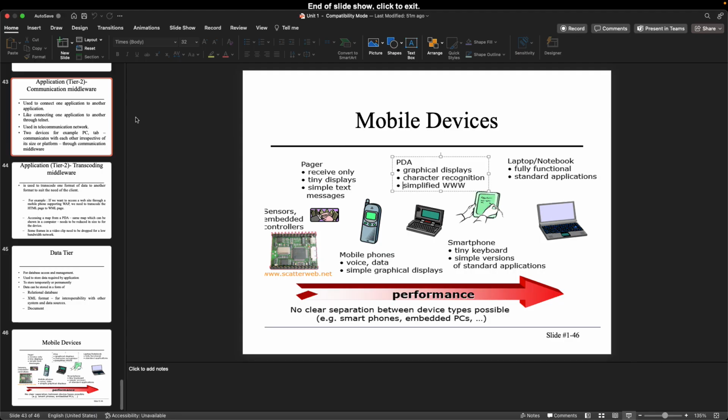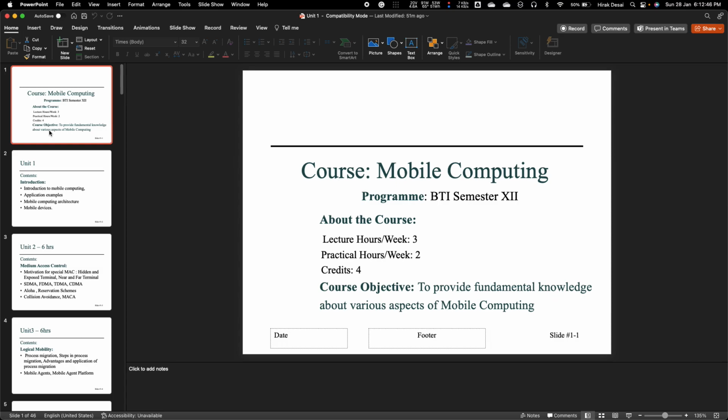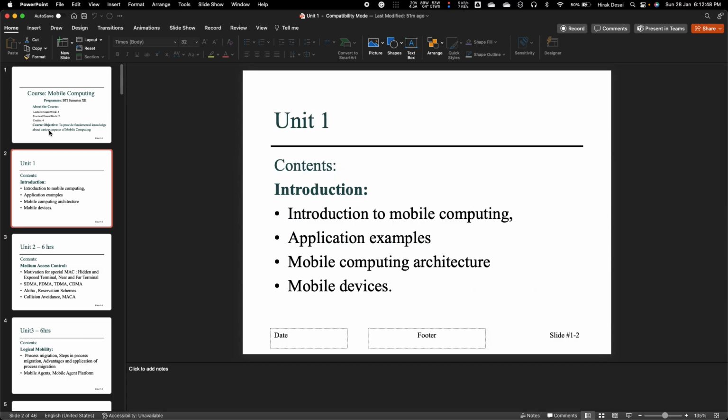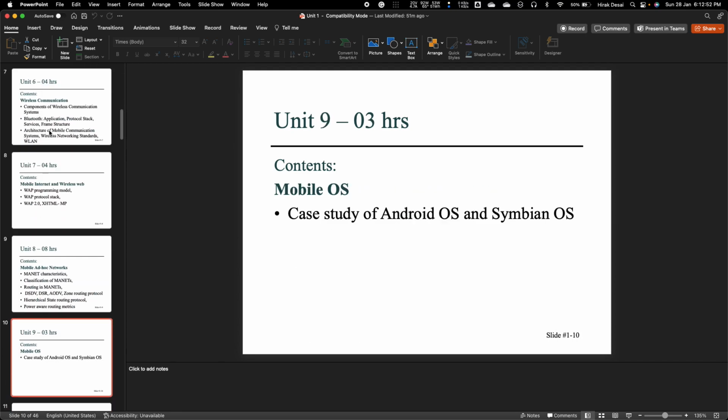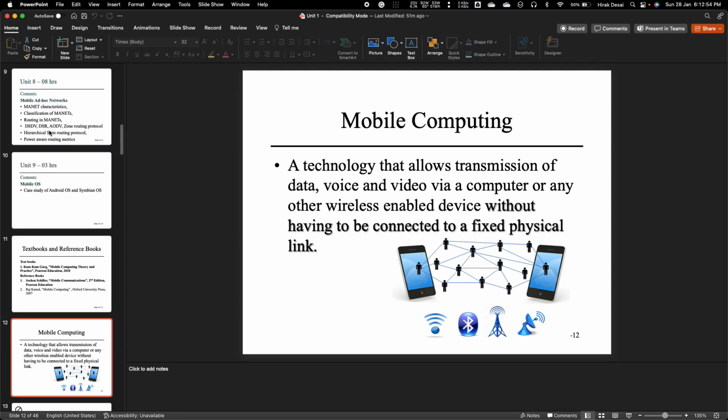Let's go through this very fast once again. Skip this. Mobile computing is a technology that allows transmission of data, voice, video, or anything else via a computer or wirelessly enabled device without needing a physical link.